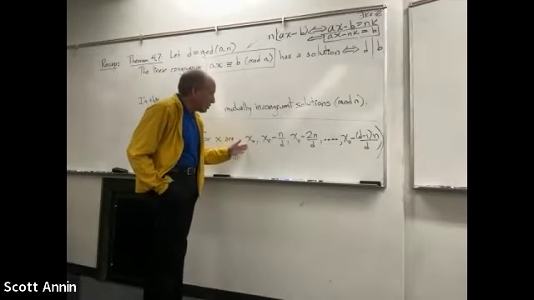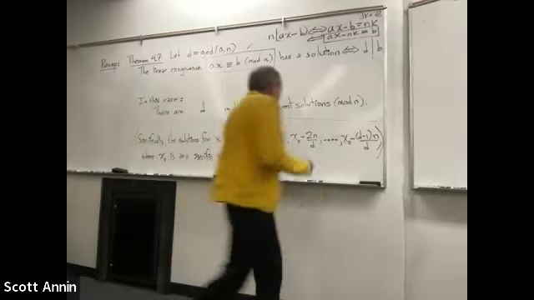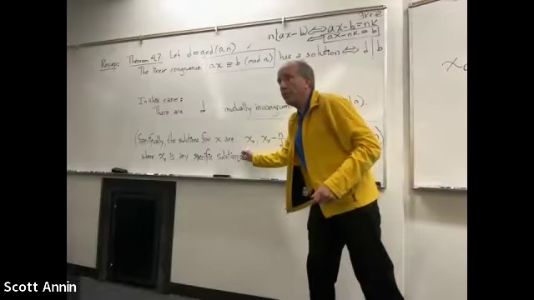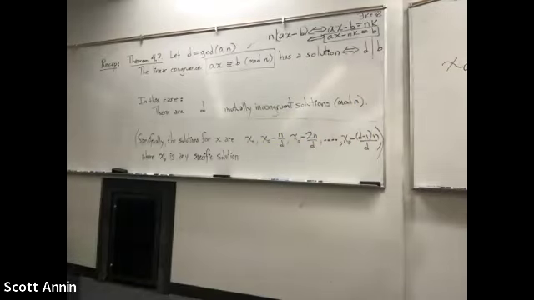The other thing I wanted to point out is that if x naught is a solution, the first one that you found, the next closest congruent solution in mod n would be x naught minus n.